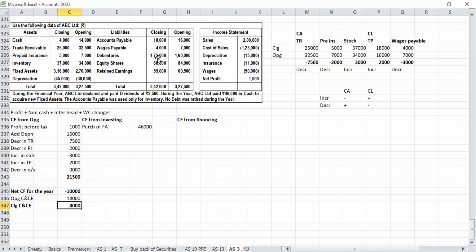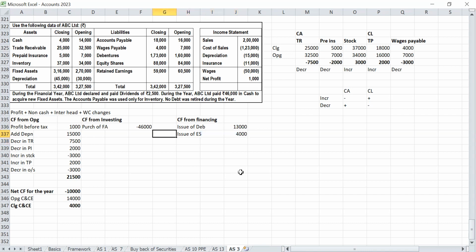Now we have to see the debentures. Debentures, what happened? Inflow of debentures 13,000, means issue of debentures 13,000 plus. Then retained earnings. Issue of equity shares, equity shares also positive 4,000.